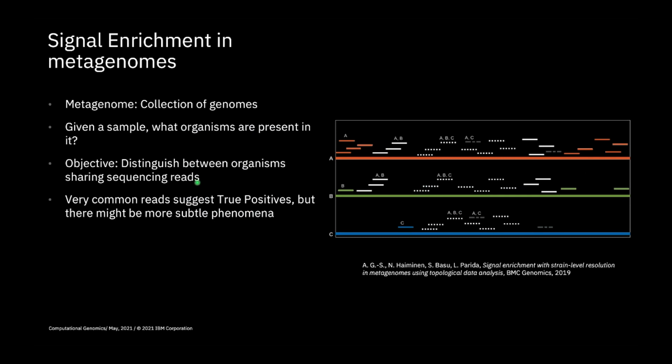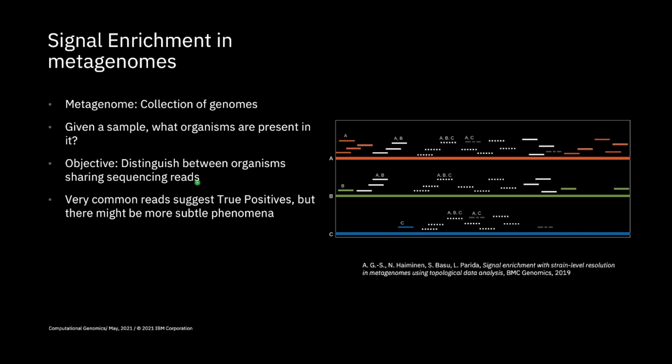What happens is that you get a lot of reads hitting a lot of organisms at the same time. So you want to ascertain which organisms are actually present in the sample, right? And it turns out that just by counting reads and tallying how many reads a given organism is being hit by is not enough.